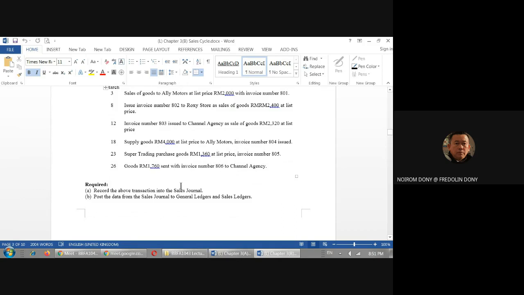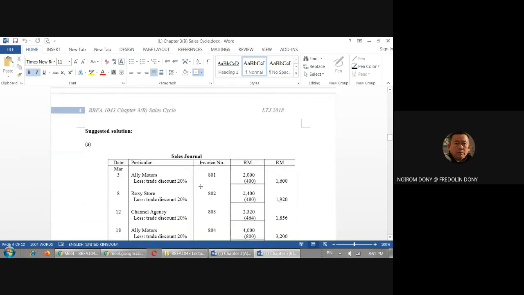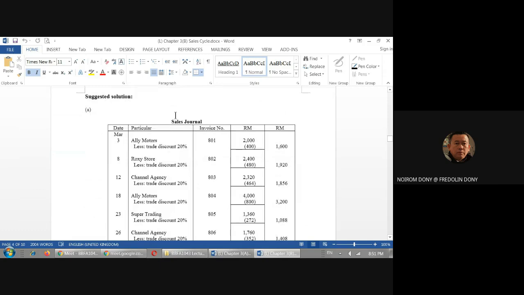So we do it like this. Sales journal. On the top, you must put the heading because this is part of the marks. And then you put the date column, particular column, invoice number column, adjustment column, which must be in RM, and then the net column, RM also.